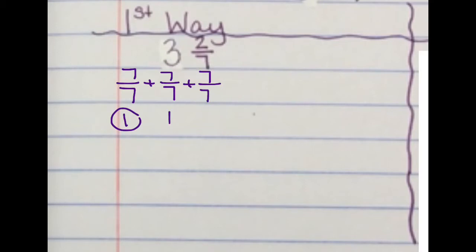Now, 7 over 7 is equivalent to 1 whole, but we need 3 of them to make our 3 wholes here. So we've got 7 over 7 plus 7 over 7 plus 7 over 7, and that gives us 3 wholes right here.